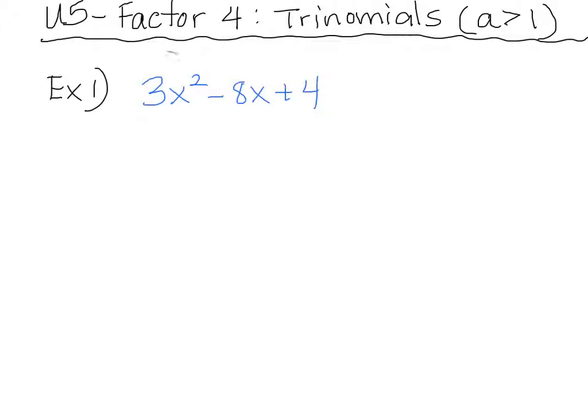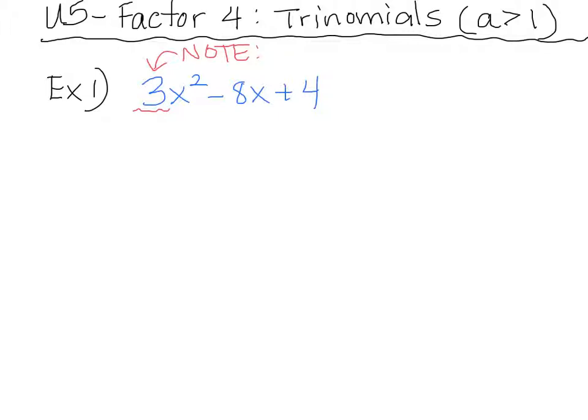Okay, note right here with this 3, it is greater than 1, so we can't just do that simple factor chart idea with multiplication to 4 and addition to -8. That 3 is kind of in the way. So I'm going to make a note for this one.